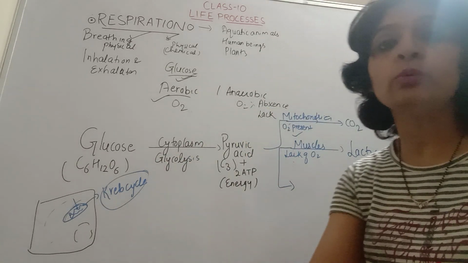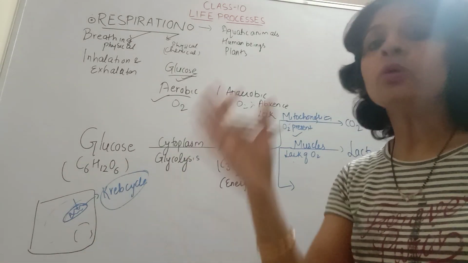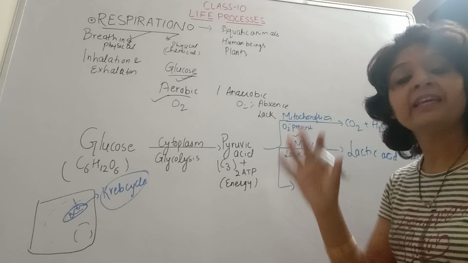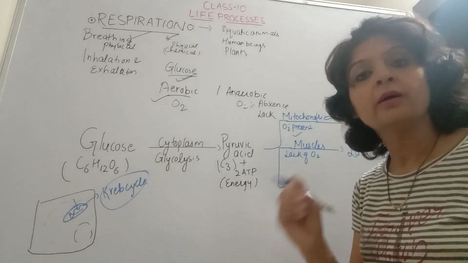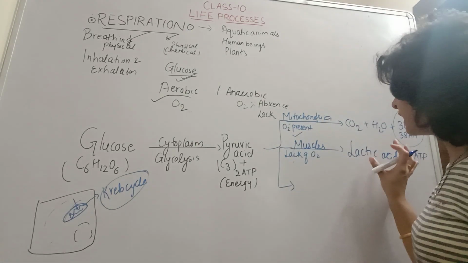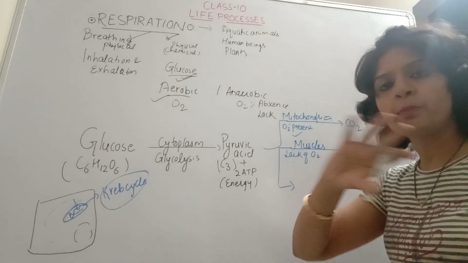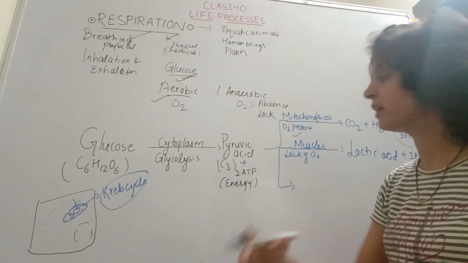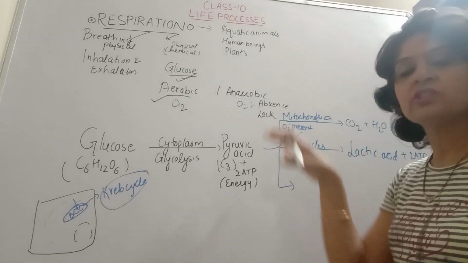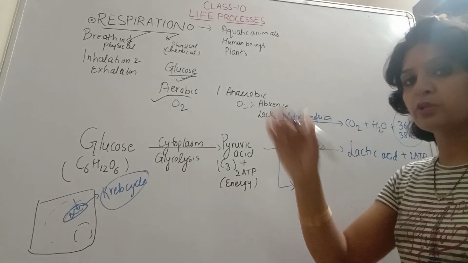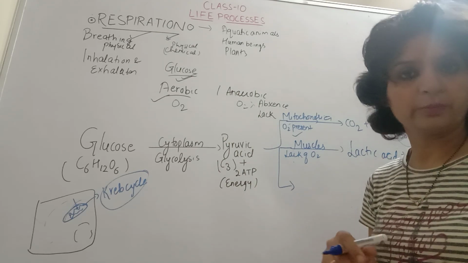That cell has given you energy. But now that lactic acid has been stored in your muscles. This lactic acid will get converted when you give proper time for relaxing, and again the pyruvic acid procedure will occur, and then your cramps will settle down.